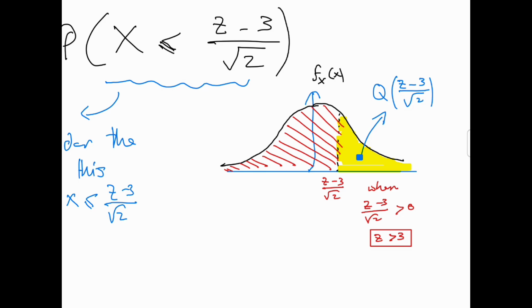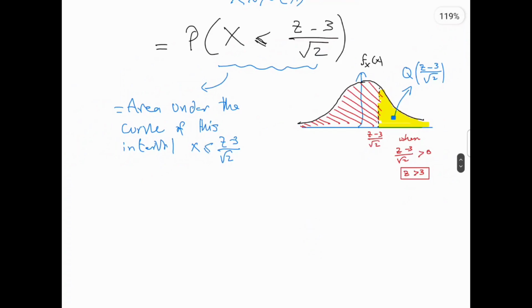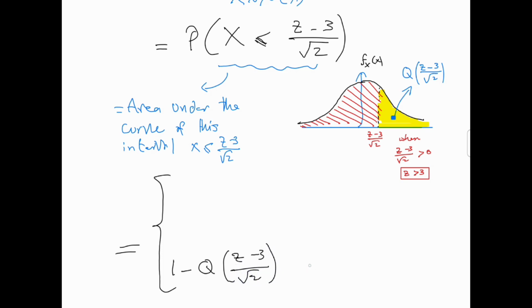So when z is greater than 3, this probability is 1 minus Q of z minus 3 divided by root 2.